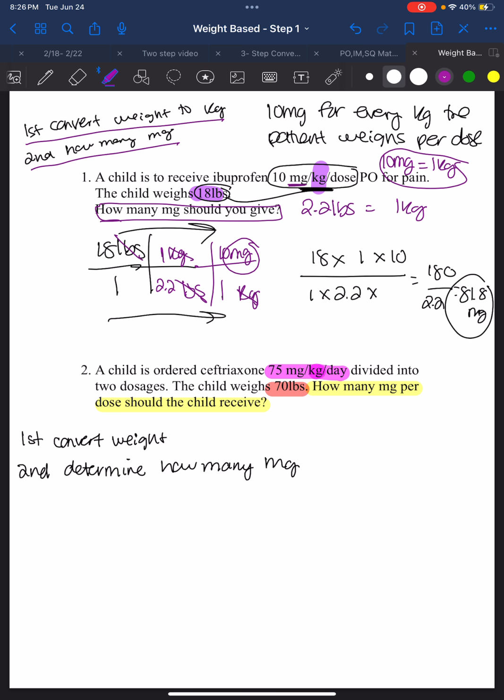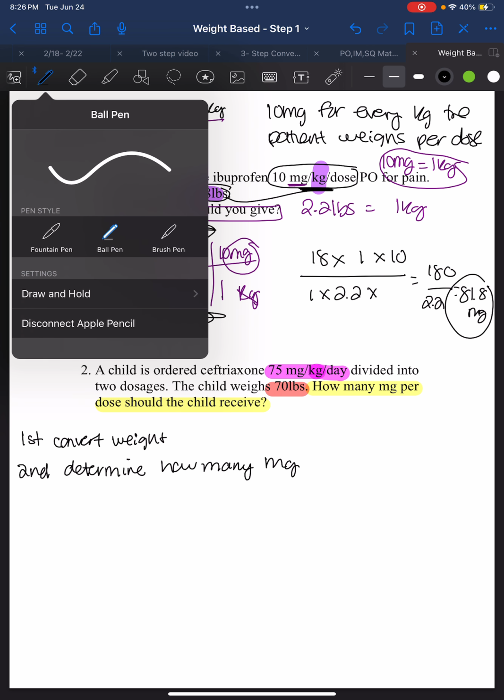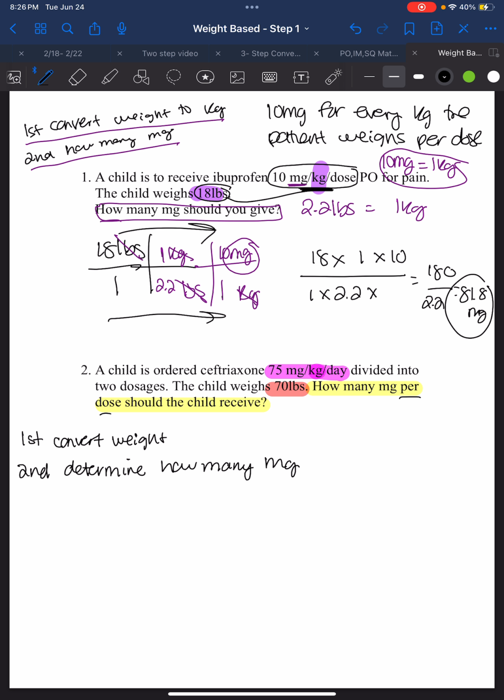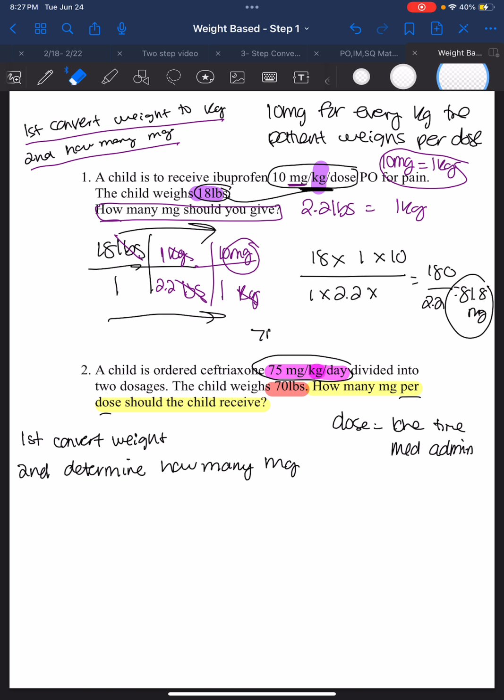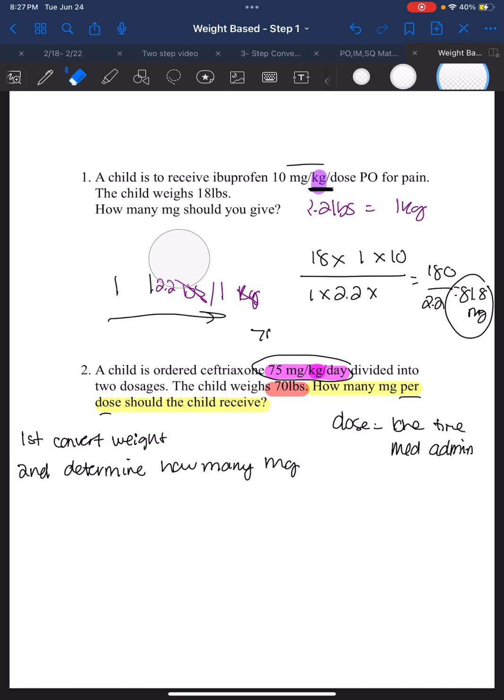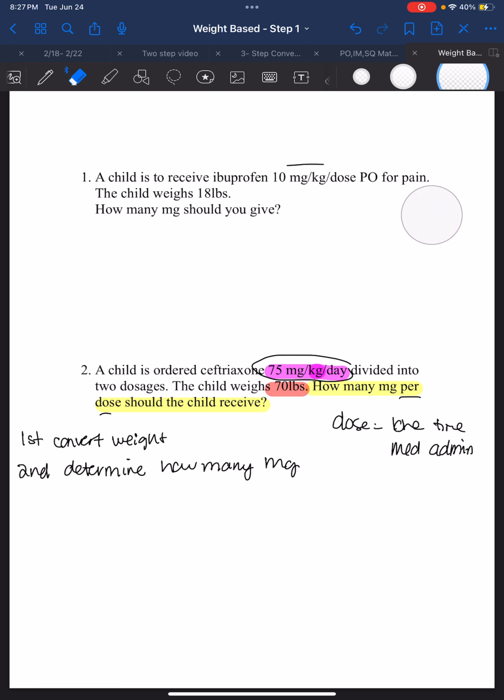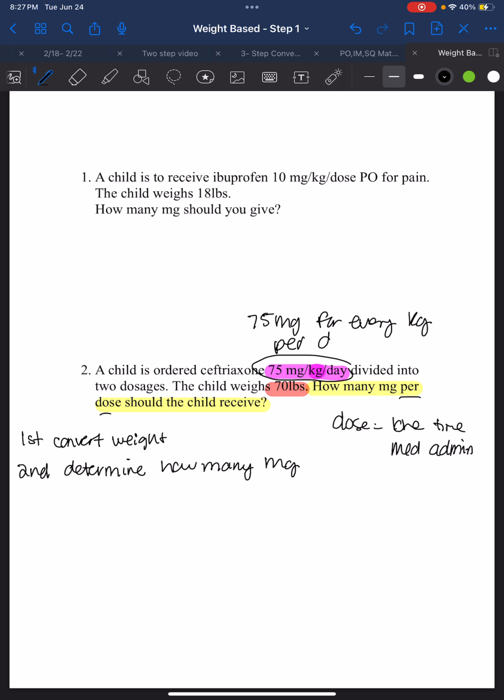So, something I wanted you to know in this problem is the problem is asking you per dose. So, a dose equals a one-time medication administration. Let me erase this. This equation tells us we should give our patient 75 milligrams for every kilogram per day.